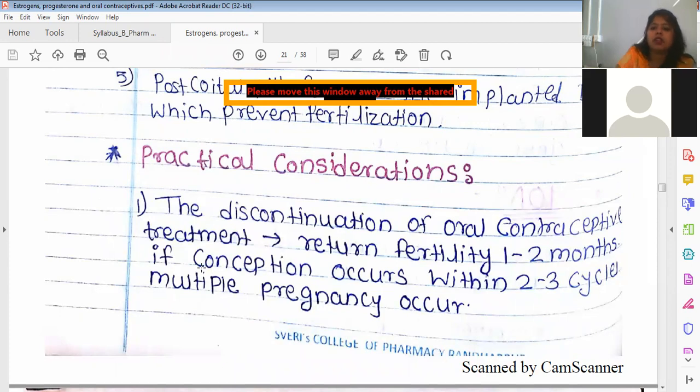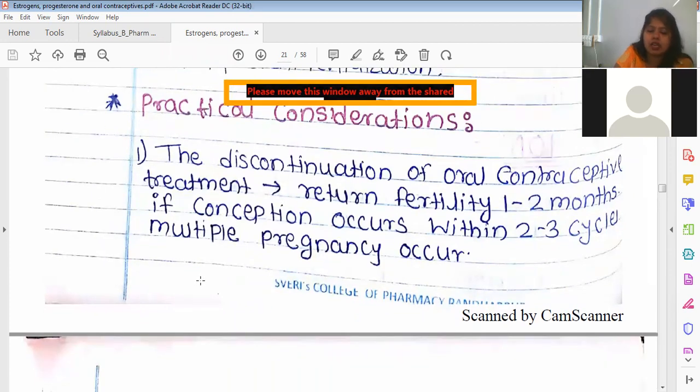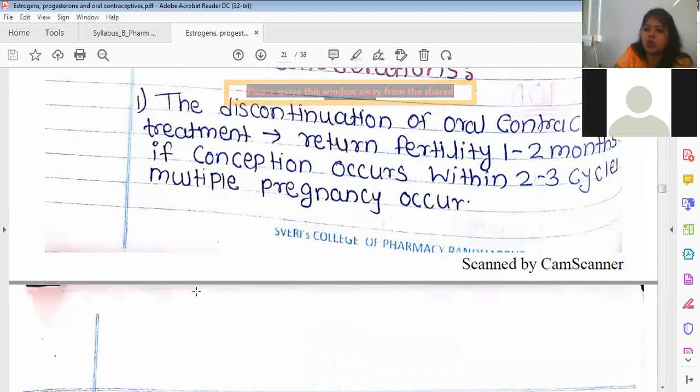Okay, then what are the practical considerations? After discontinuation of oral contraceptive treatment, fertility returns after 1 to 2 months. म्हणजे if anyone wishes to bear a pregnancy, we need to stop the contraceptive therapy 1 to 2 months before.